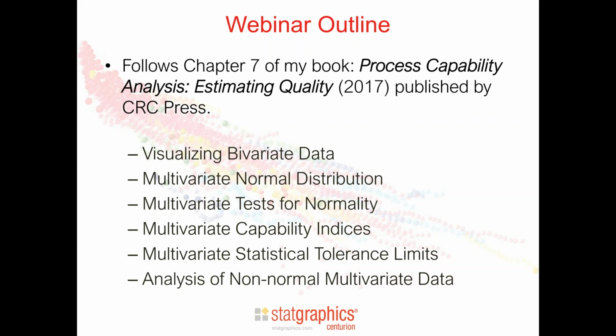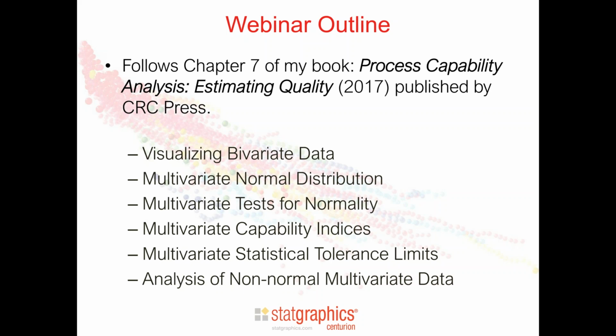I'll then talk about multivariate capability indices, multivariate analogs to indices such as CPK, which characterize the capability of a process. We'll spend a little time talking about multivariate statistical tolerance limits.